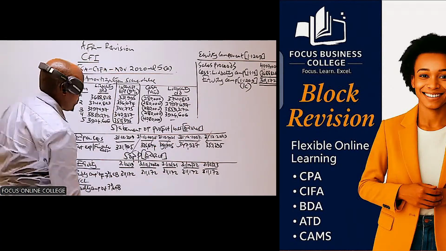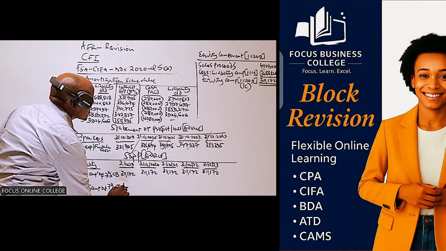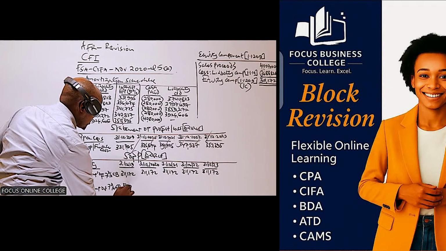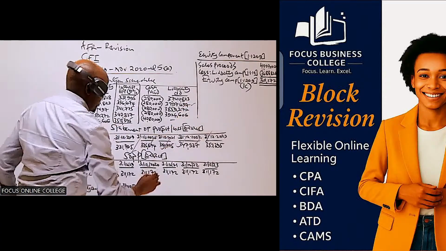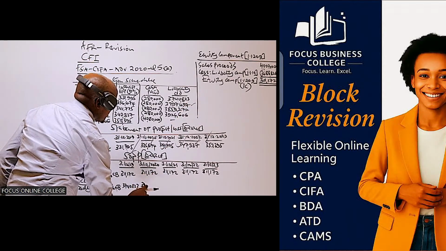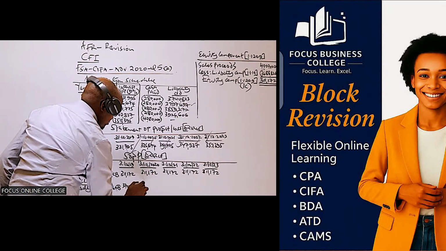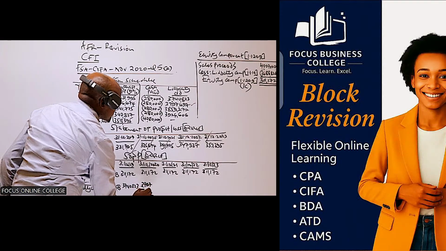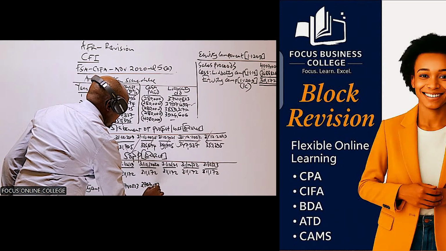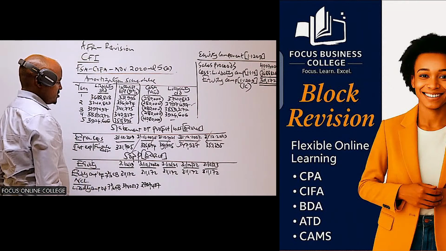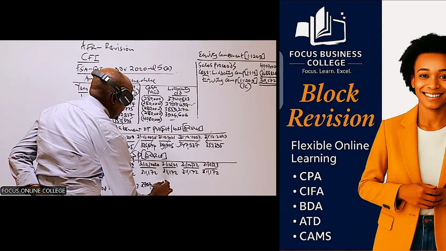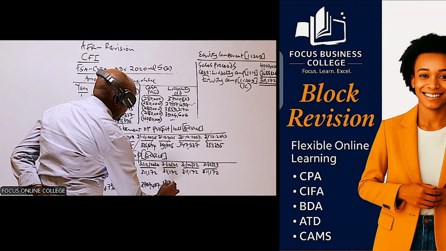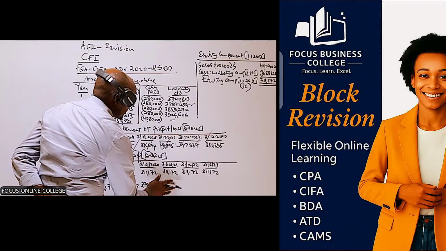That is 3740,823. Then 2020, this one, 3797. For year 3, we have 3859,72.